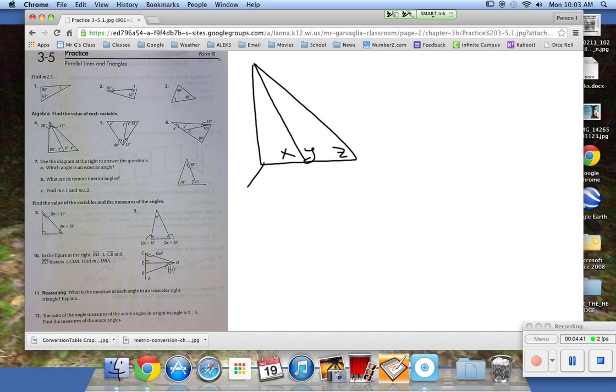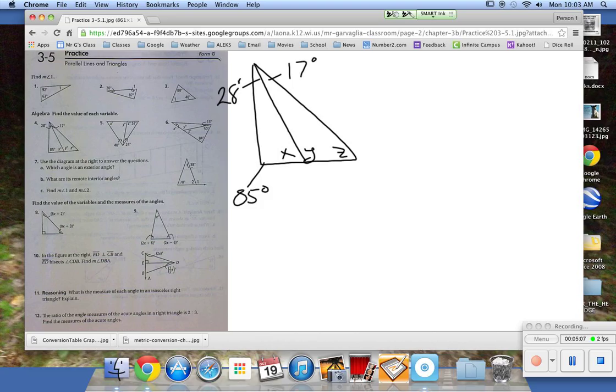This is 85 degrees. This is 28 degrees. And this is 17 degrees. All right? We're given this angle when we're given these two angles here. Which one would we want to figure out first? X, Y, or Z? X.